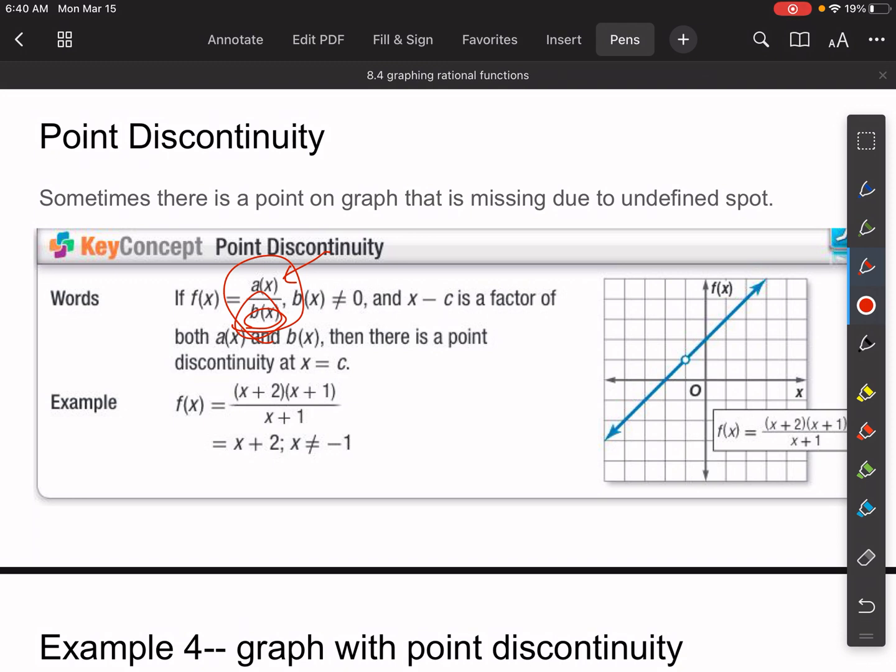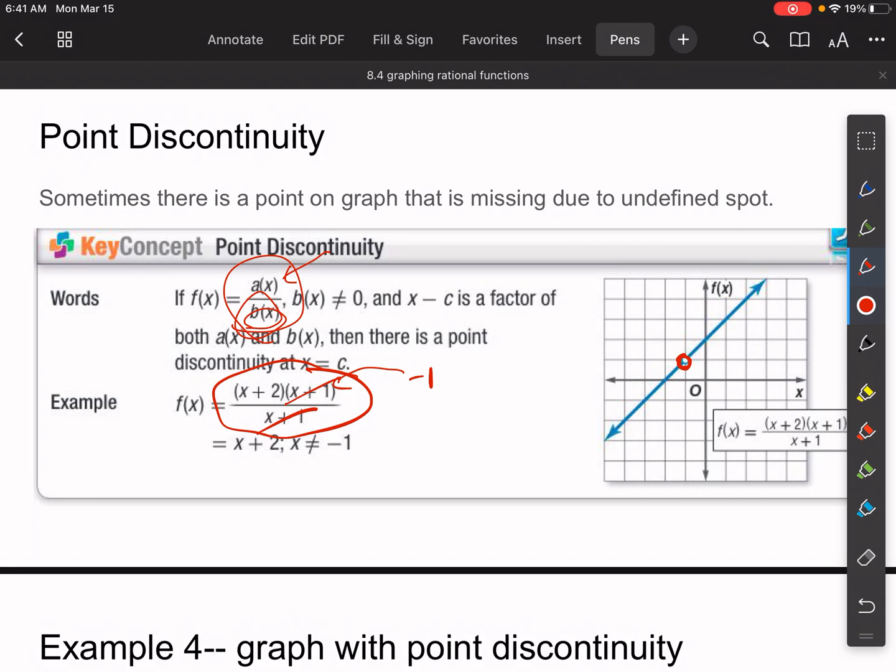So for example, we have this guy. After it was factored, we noticed that x plus 1 was in common with both. That means whatever makes that factor go to 0, which is negative 1 in this case, is going to have a hole in it. There's going to be a hole in the graph right there. Okay, that'll always be a point of discontinuity.